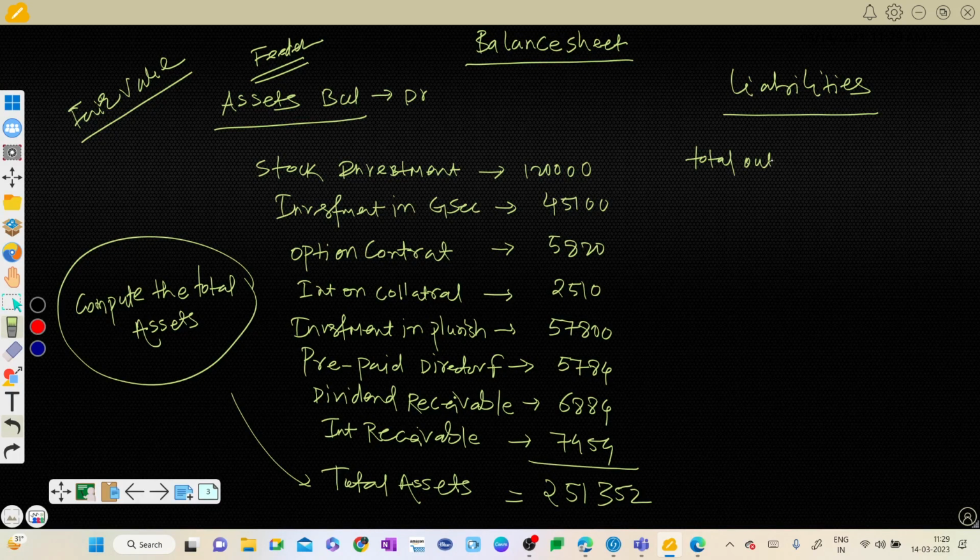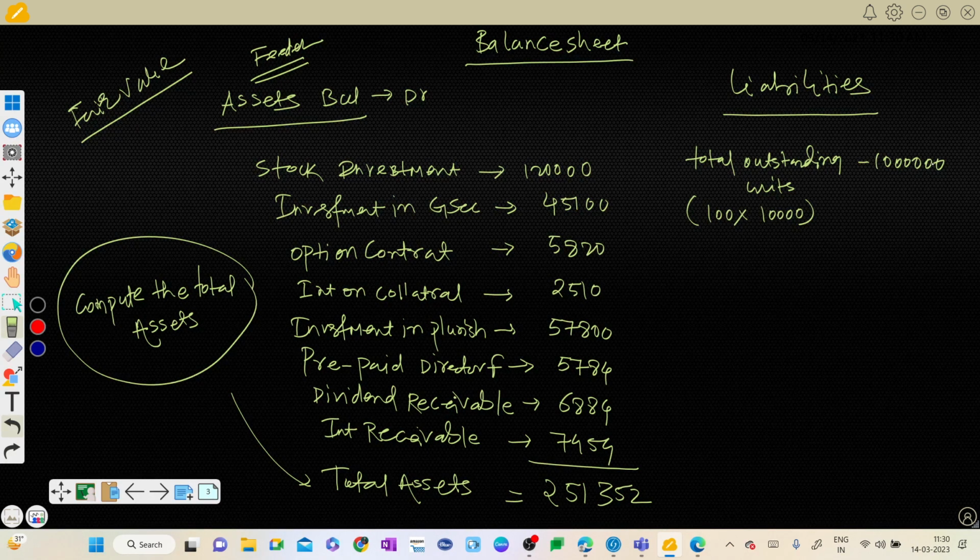Compute it: 1000 into 100 into 10,000. So the total would be around 10 lakh.